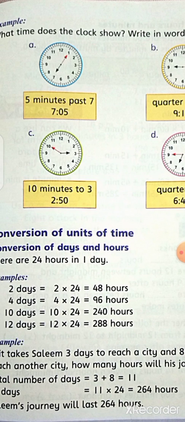If you count after 10, 11 and 12, how many minutes are left to 3? 10 minutes are left. There are two intervals after 10, 11, 12. 10 minutes to 3, or if you count from 12, there are how many intervals? 1, 2, 3, 4, 5, 6, 7, 8, 9, 10. So 2:50. 10 minutes to 3 or 2:50.